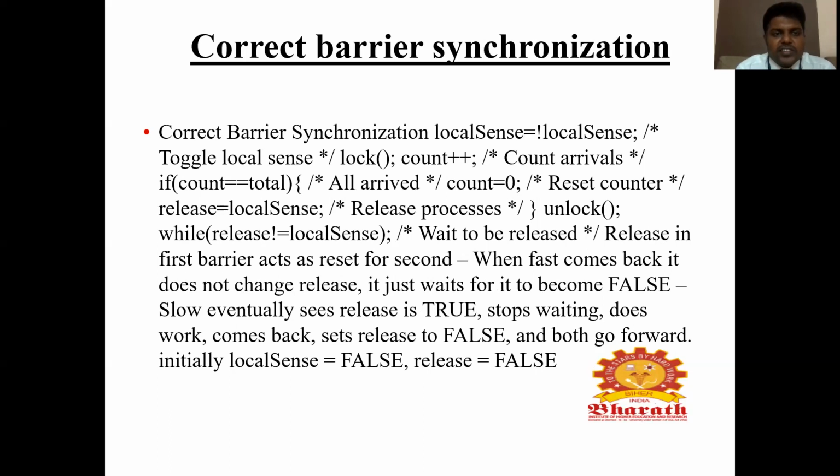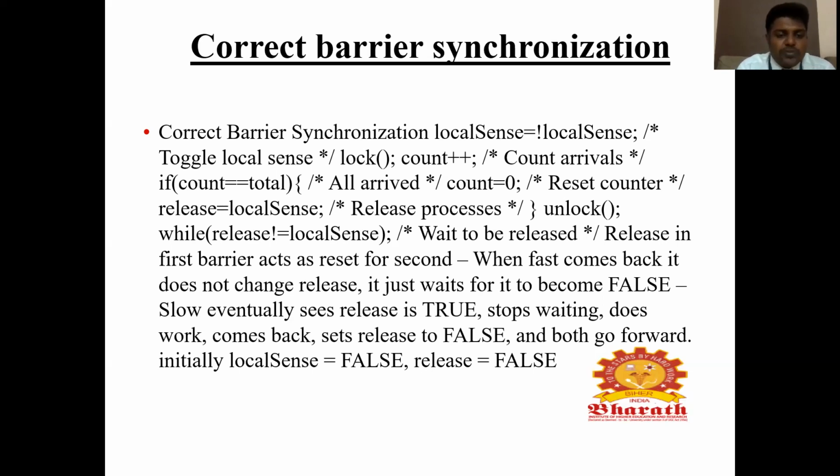Correct barrier synchronization has a local sense and toggles the sense. Here, release in the first barrier acts as a reset for the second barrier. When the fast one comes back, it does not change release, but just waits for it to become false.